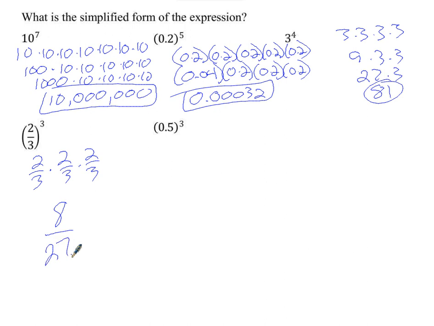And then when we have fractions, we always have to do what? Simplify, meaning reduce. We always reduce fractions. Does this reduce? What are the factors of 8? Is this even? No. Does this reduce? So 8/27 is the answer.